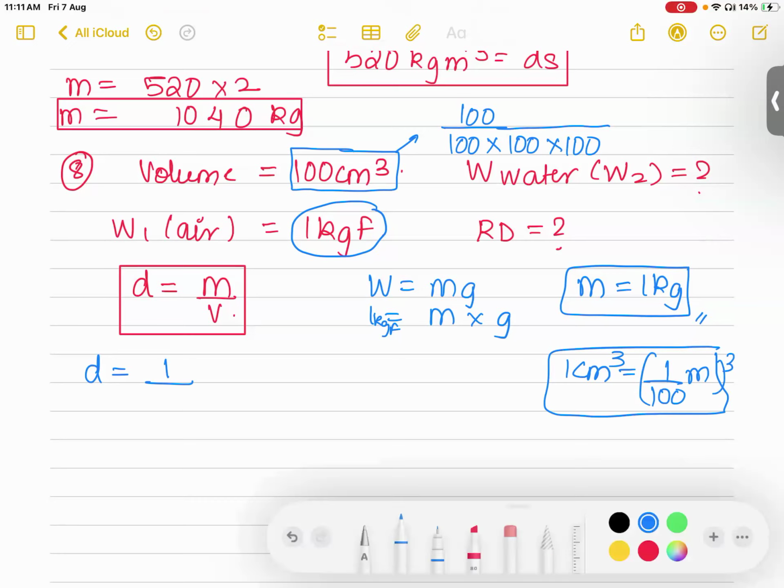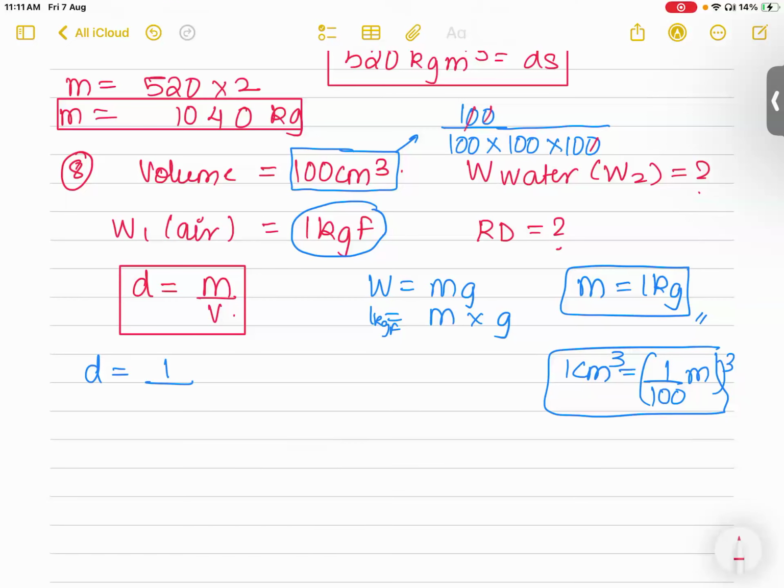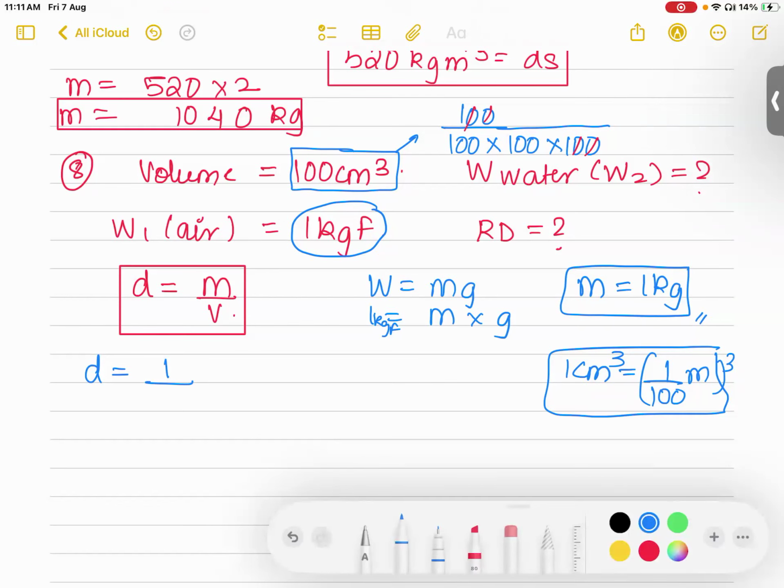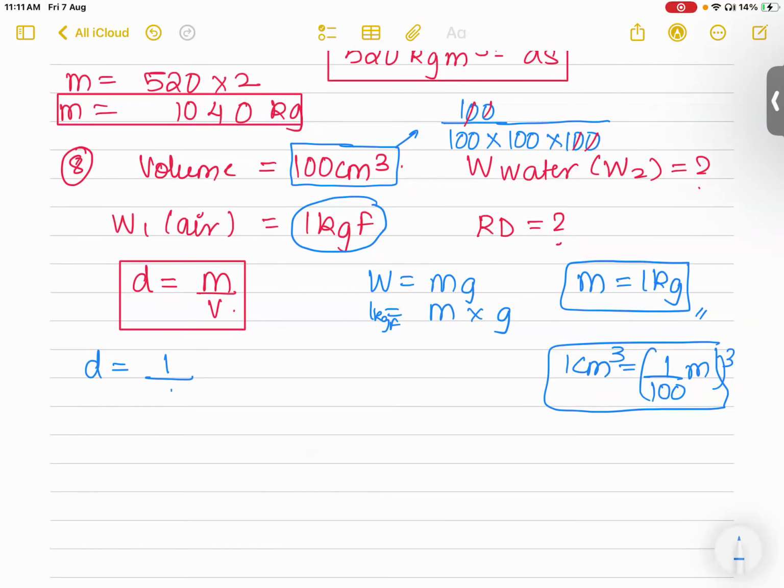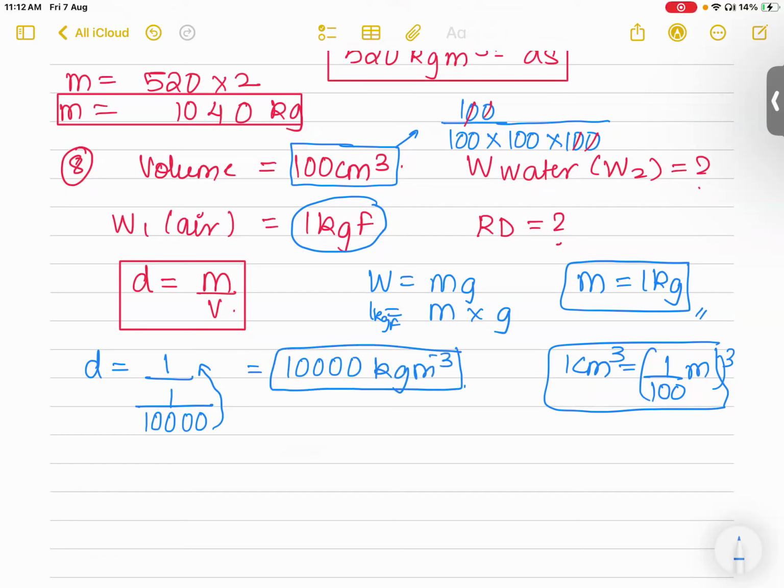I can easily cancel these two zeros. My volume, the volume of the substance, would be 1 upon 10^-4, that will go up, which will give me the answer as 10^4 kg per meter cube. I hope this is clear. This is density of substance.